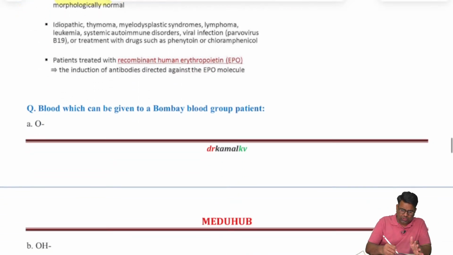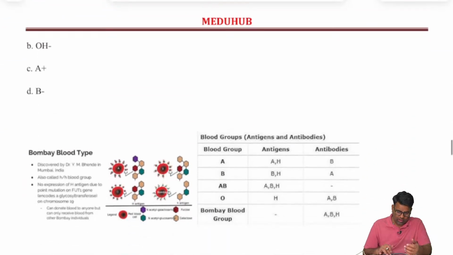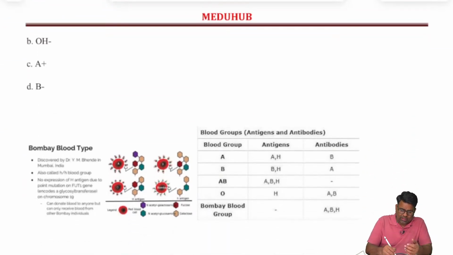Now then there was one question about a Bombay blood group patient, and it was asked which blood group they can receive. So firstly we have to discuss what this Bombay blood group is. As the name suggests, Bombay, it was discovered in Bombay, right, in 1952 by Dr. Y.M. Bhende.